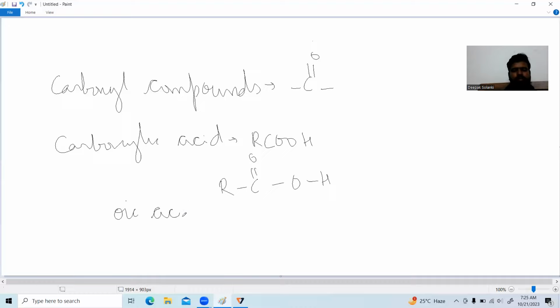Oic acid. For example, CH3COOH. There are two carbons. We can say this is eth, and we will skip the e, and oic acid will be the suffix.